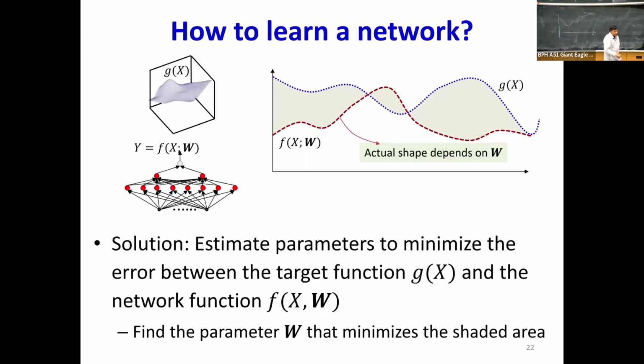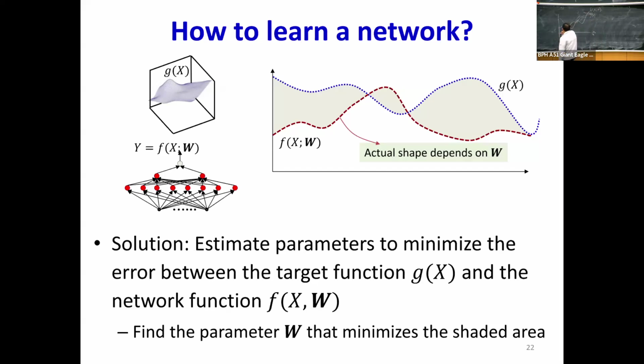Now, the network itself is a parametric function with parameters W. For any specific setting of W, the network is going to compute some other function. This is my f of x semicolon W. When we are speaking of training the network, the question we are asking ourselves is, how do we set these parameters W such that the gap between the function that the network computes and your target function is minimized?